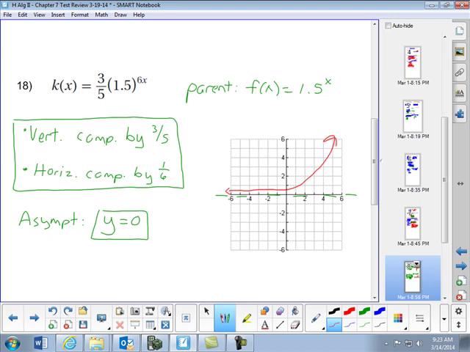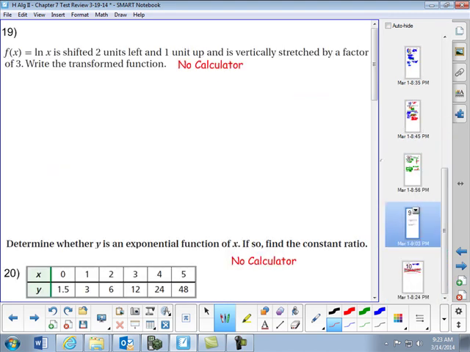All right, almost done. Last couple. This next one here is no calculator again. And it says, if the natural log of x, so my parent function for this one is f of x equals the natural log of x. There's your parent function.